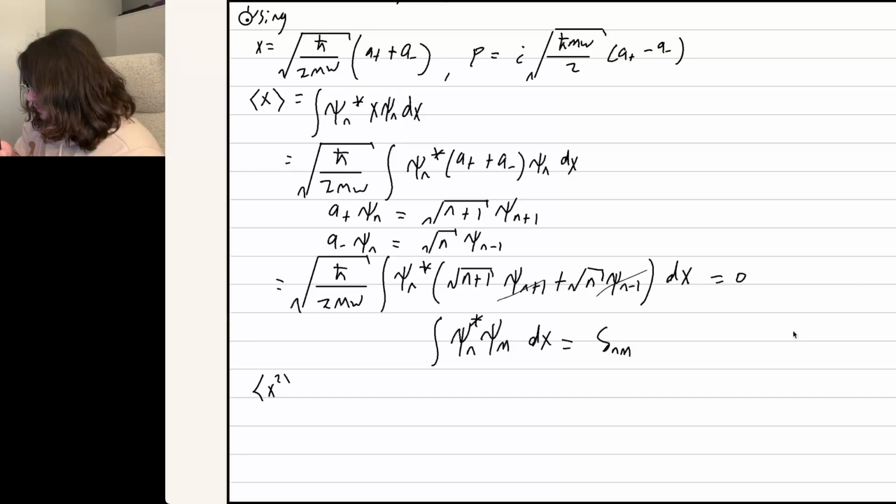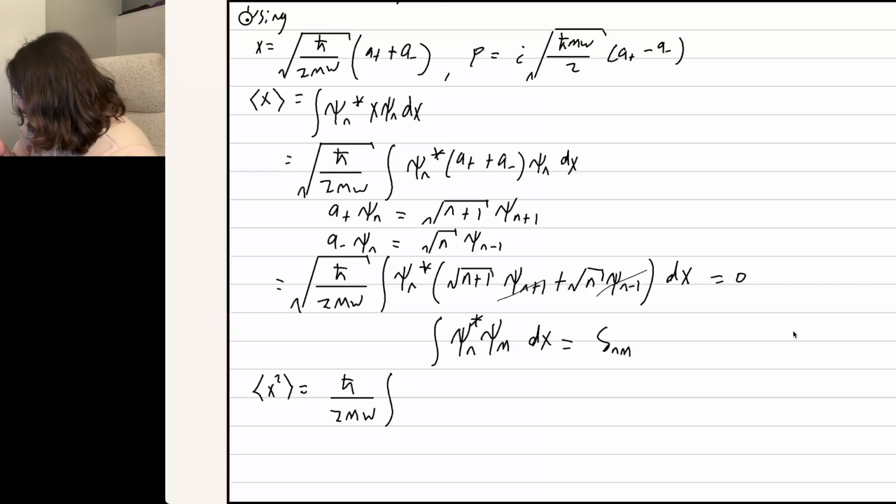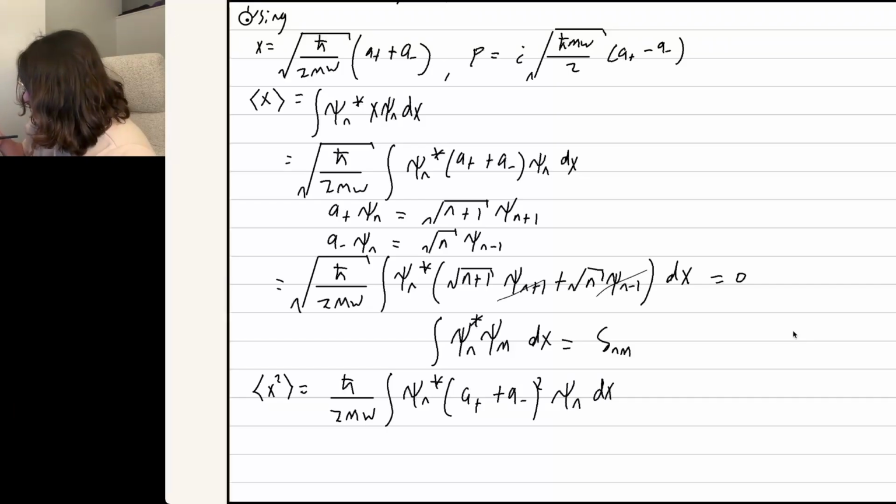For x squared, it's much the same thing. We're going to be pulling out the squared normalization term, psi n star (a plus + a minus) squared psi n dx.